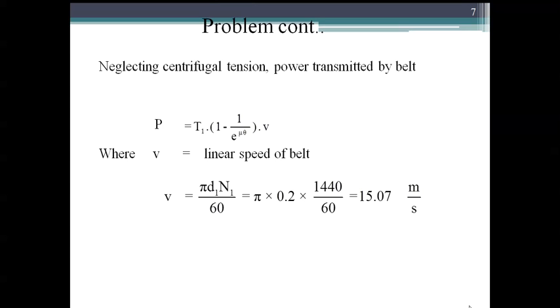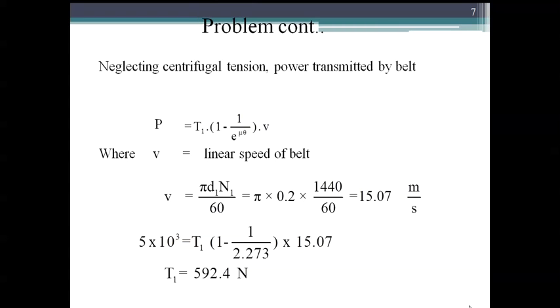V should be in meters per second, so we convert d1 into meters. That is pi into 0.2 into 1440 by 60. From this V is 15.07 meters per second, the linear speed of the belt.